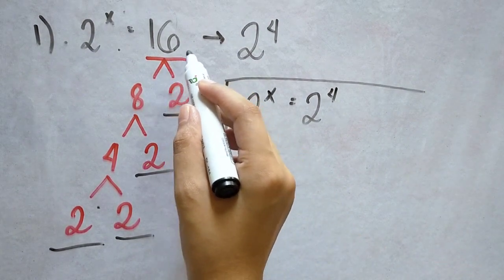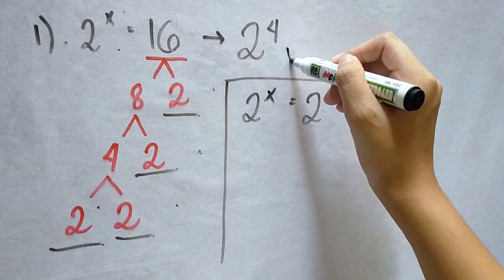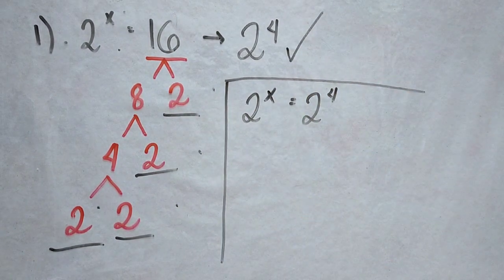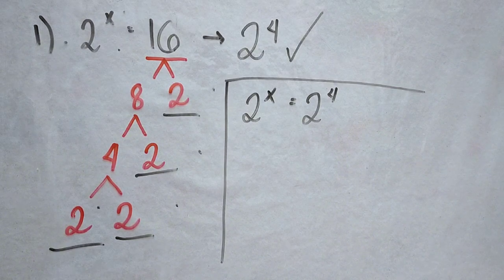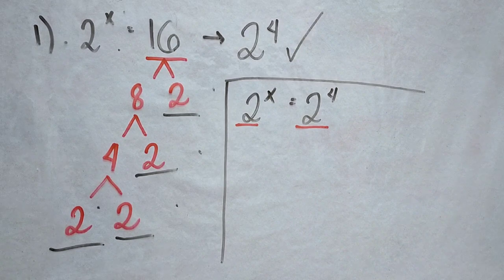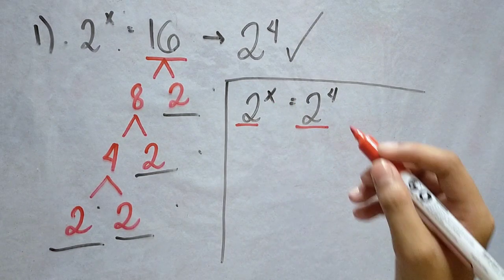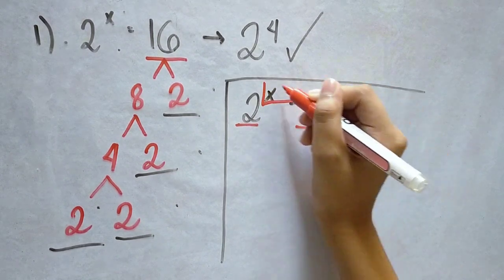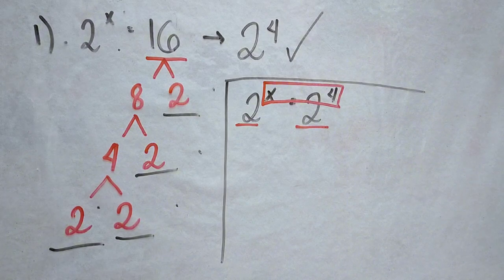Itong 16, hindi na natin siya gagamitin, pero ito na yung gagamitin natin. So, bakit ito na nga ulit yung gagamitin natin? Kasi kailangan nilang maging both same number bago natin pakialaman yung mga exponent nila. Ngayon, I will be using red marker para mas lalo niyong maintindihan.